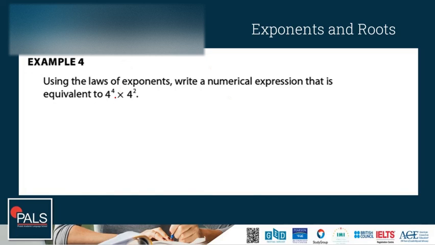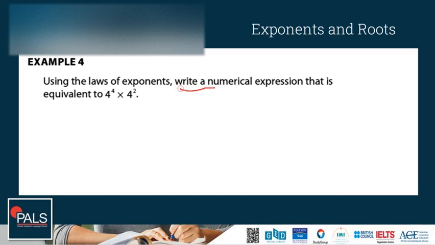Example 4. Using the laws of exponents, write a numerical expression that is equivalent to 4 to the power of 4 times 4 to the power of 2, or 4 squared. The instruction says write a numerical expression.